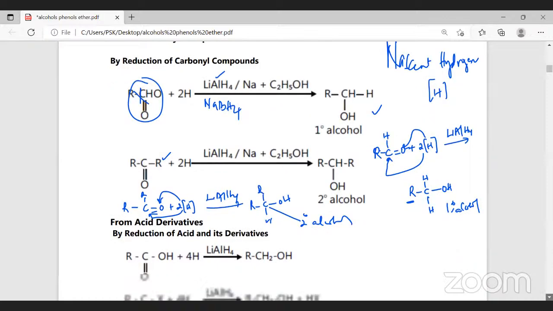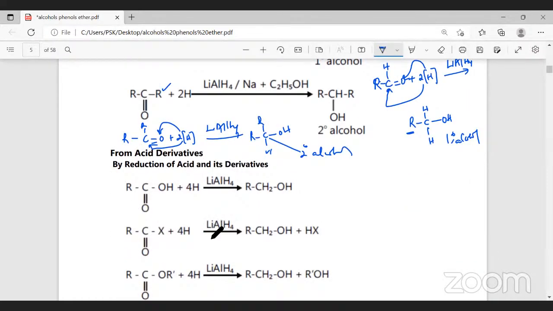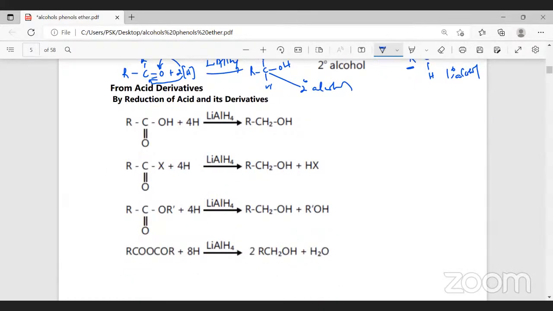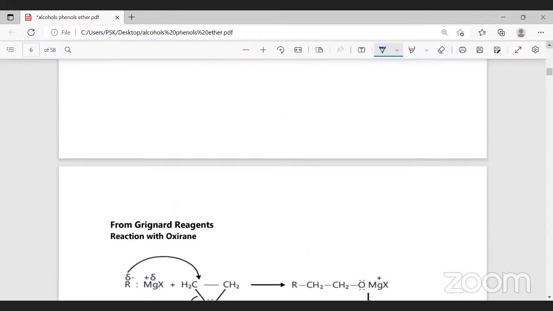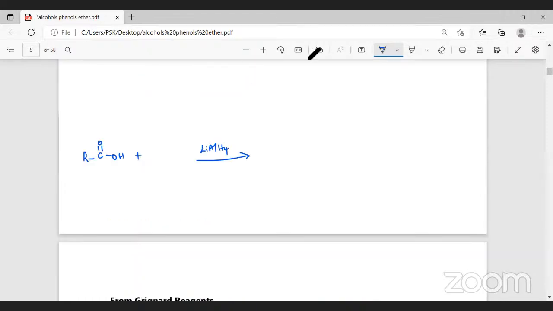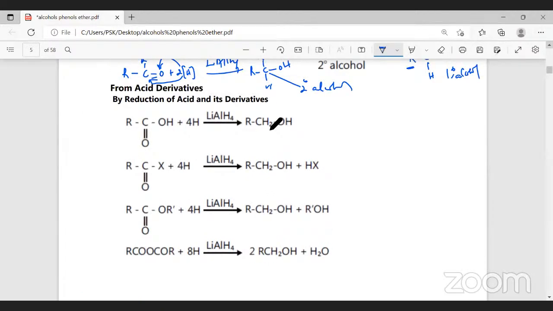Now, further, we also learned in the last class the reduction of acids and their derivatives. When we say carboxylic acid, it can be represented as RC double bond O, OH. This is a general representation of a carboxylic acid. When this carboxylic acid is reduced using lithium aluminum hydride, this lithium aluminum hydride is a very good reducing agent because it can give many nascent hydrogen.